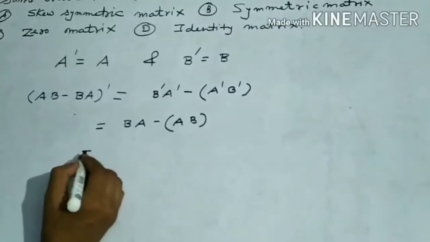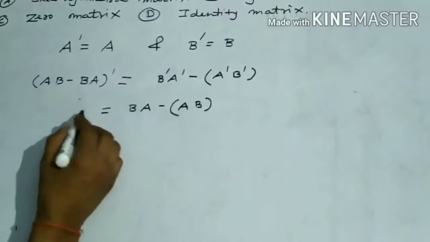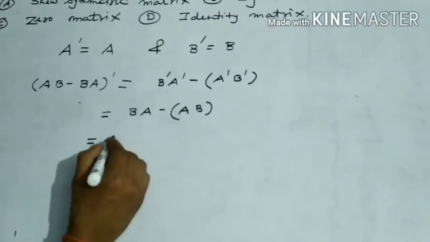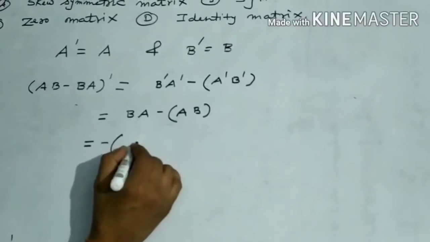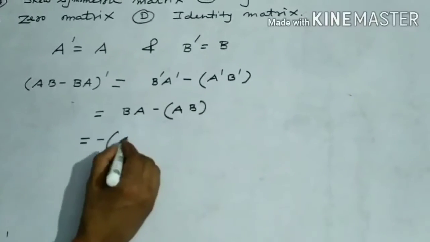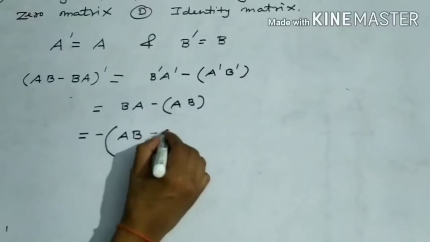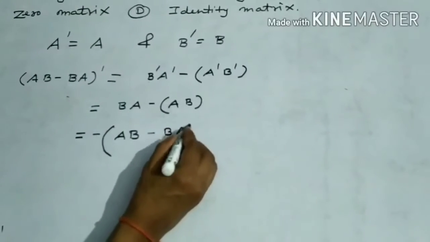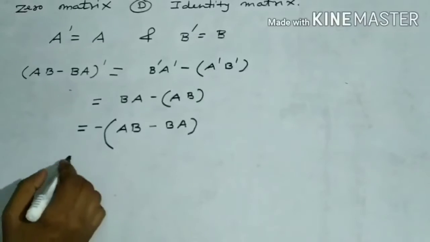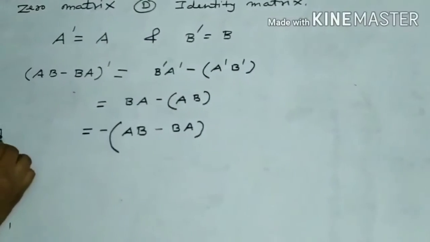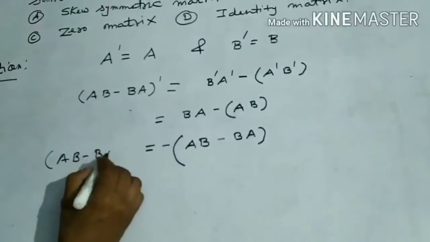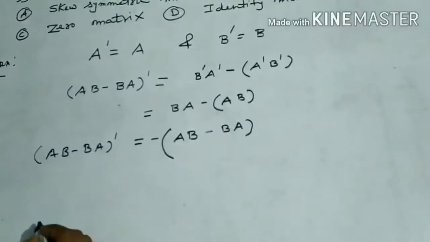or this is equal to, taking minus out, this becomes plus AB, and then minus, meaning minus BA. This is the value of what? (AB minus BA) whole transpose.